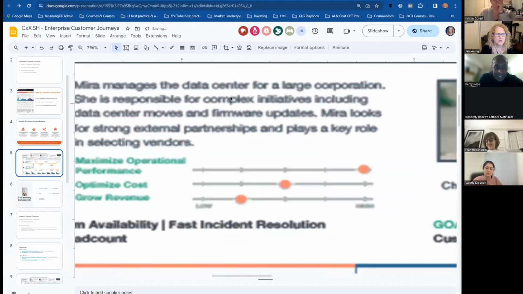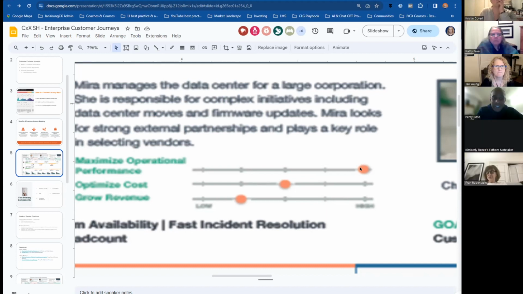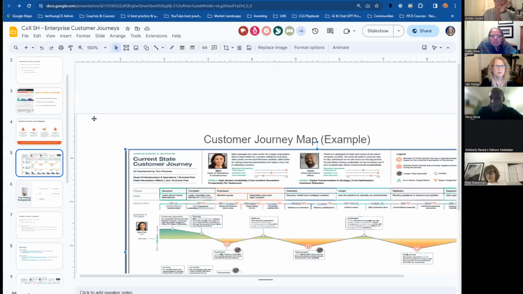She manages the data center, and you see these sliders here. Mira cares mostly about maximizing operational performance. That's highest on her list, right? And so I know that if we're not, through the journey, providing efficiencies in maximizing the operational performance, it's going to be a poor experience for her, right?